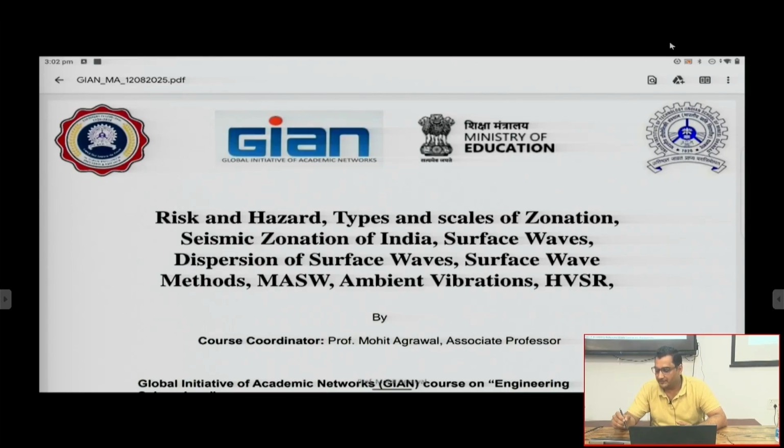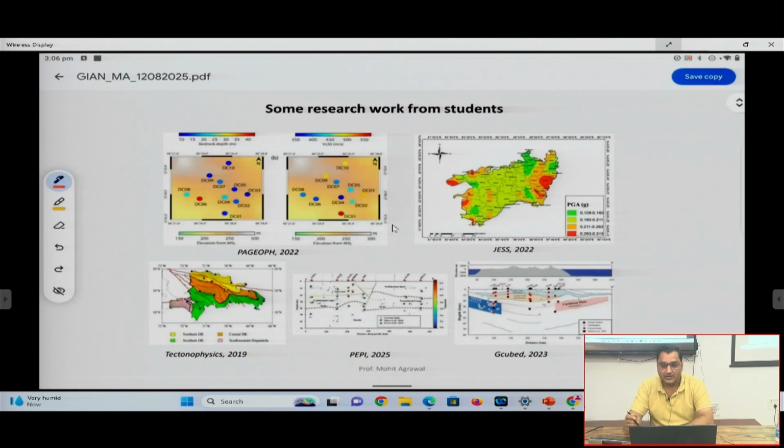The first picture that you see here, on the top left corner, is the site characterization map of the region of Dhanbad at some points in the city, and we took the HVSR data at the same points where we had the standard penetration test data. This paper was published in PGOF in 2022.